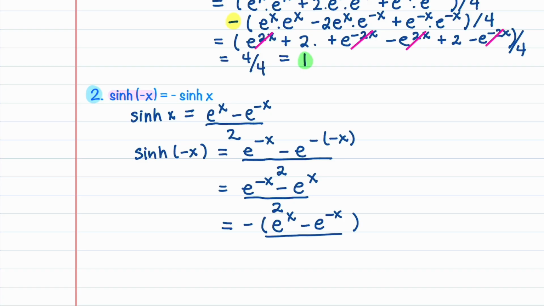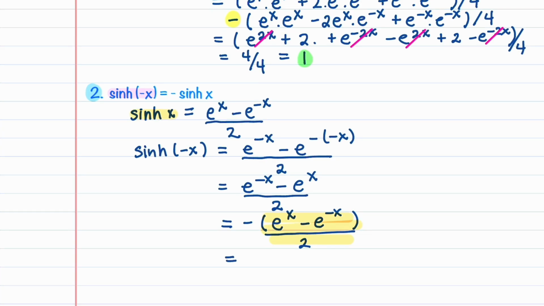So this is looking good. And we divide that by 2. We then know that e to the x minus e to the minus x over 2 is just sech of x. So we have proven that sech of minus x is minus sech of x. Let's go ahead and highlight this. Sech of minus x is minus sech of x.